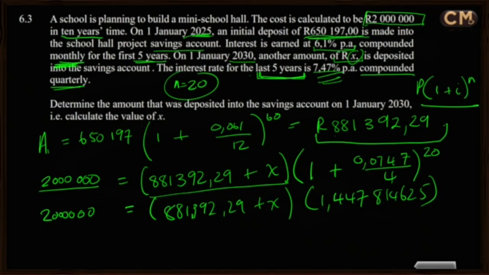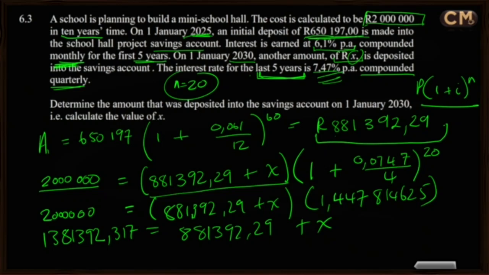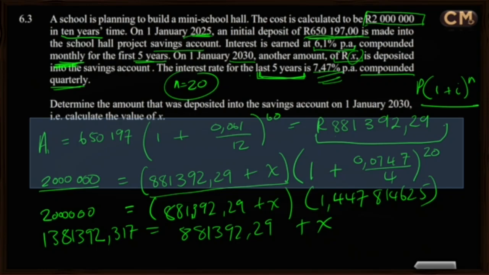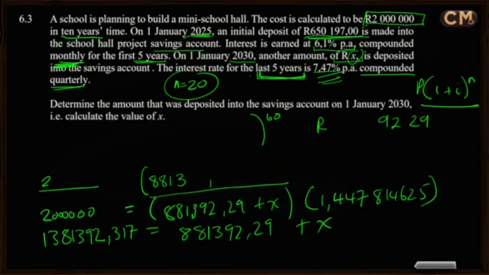So that means 2 million divided by that gives us 1,381,392 rand 0.317. That's equal to 881,392.29 plus X. So let's clean this up slightly. Let's delete that.